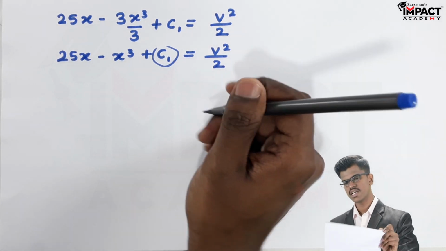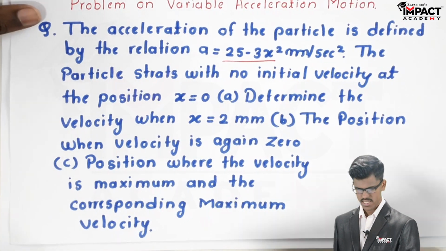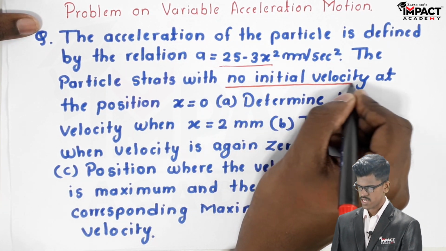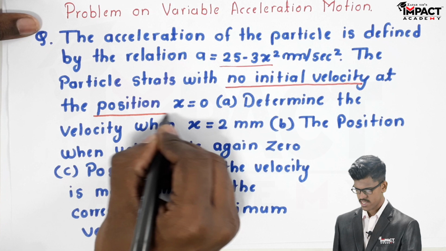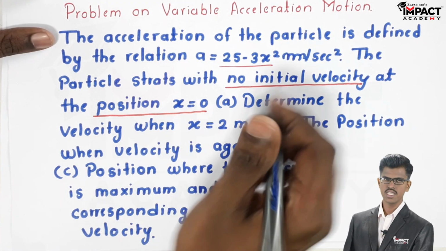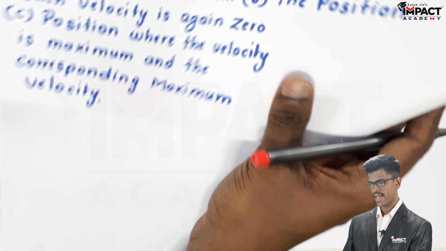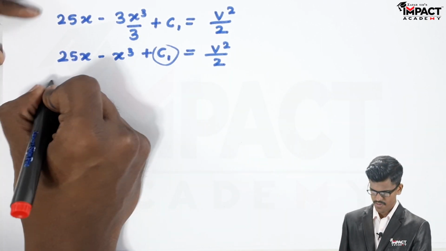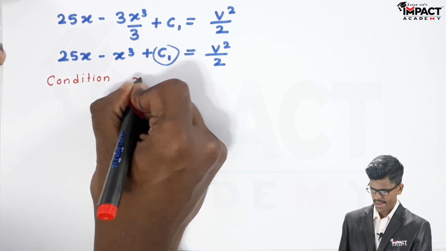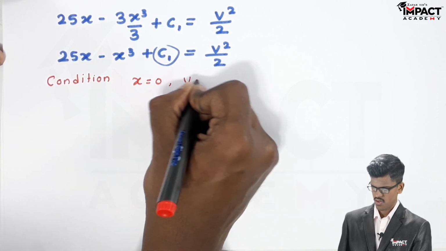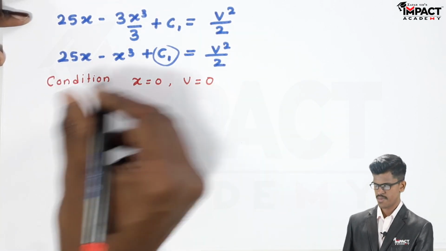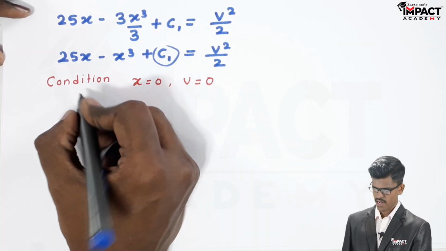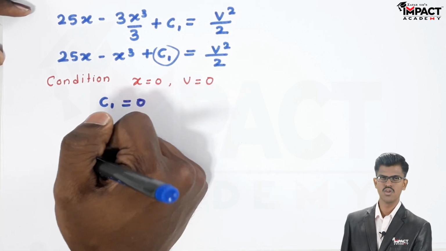In the question they mention the particle starts with zero initial velocity at the position x = 0. This statement means that at x = 0, v = 0. This is our condition. Simply substitute in the above equation, so we get c1 = 0.